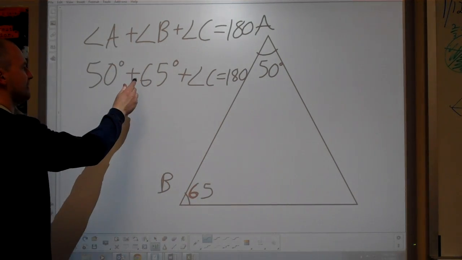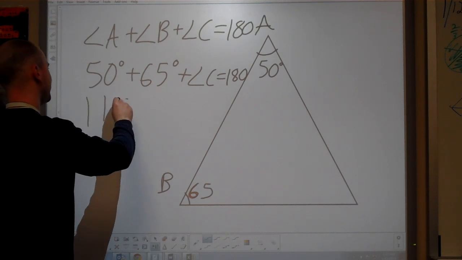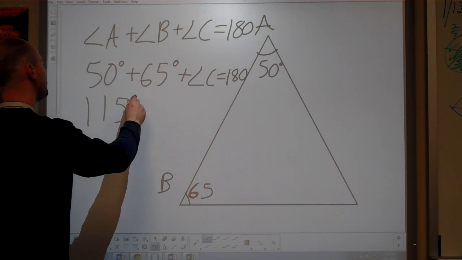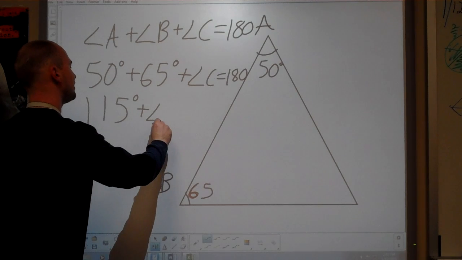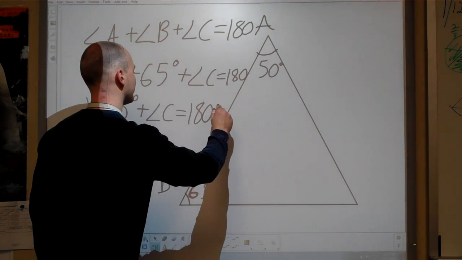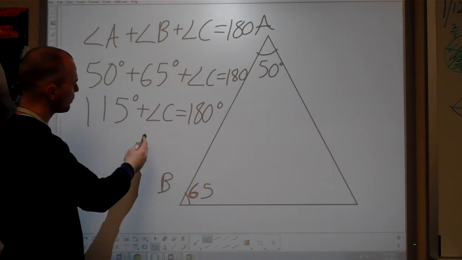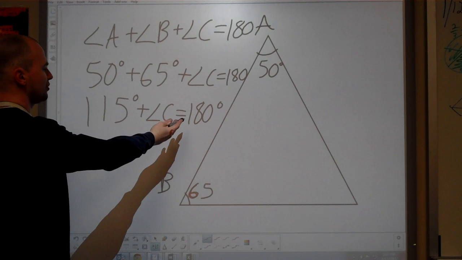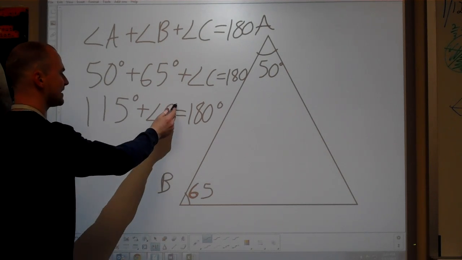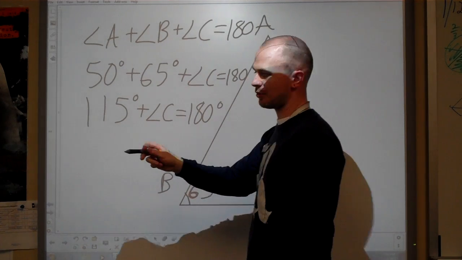Okay, so 50 plus 65, well, that's just 115. So 115 degrees plus whatever angle C is equals 180 degrees. So if I want to know what C is, what plus 115 gives me 180? Well, I want to isolate C, so I'm going to subtract 115 from both sides of the equation.